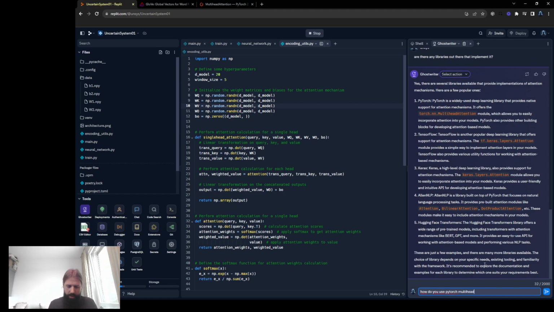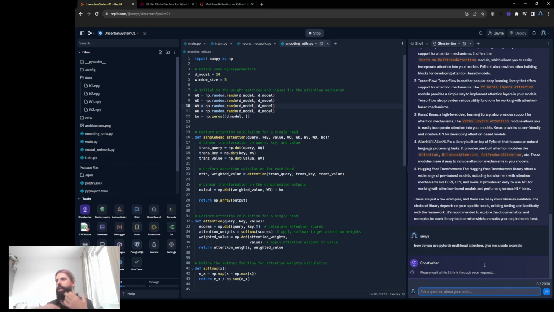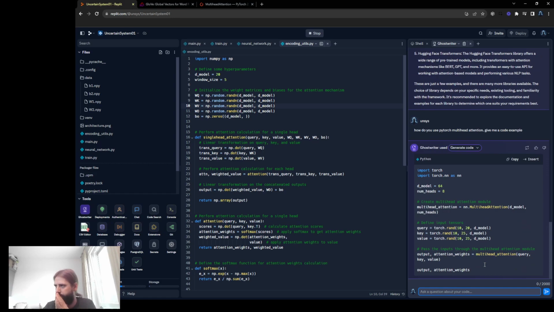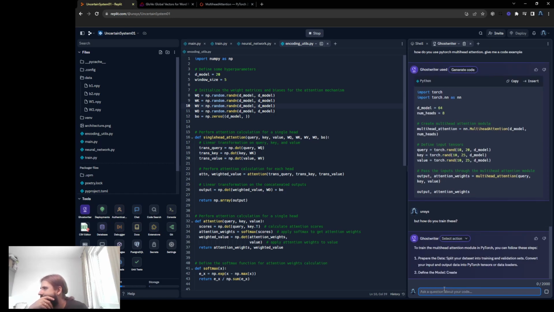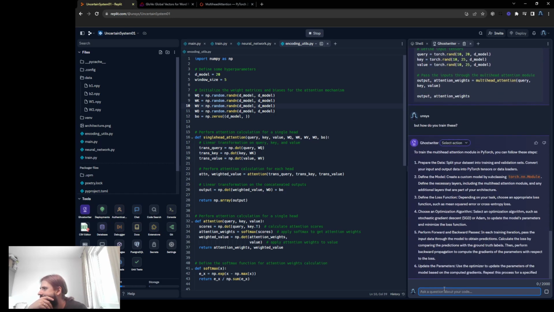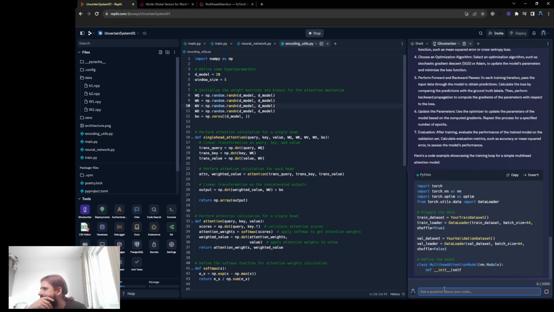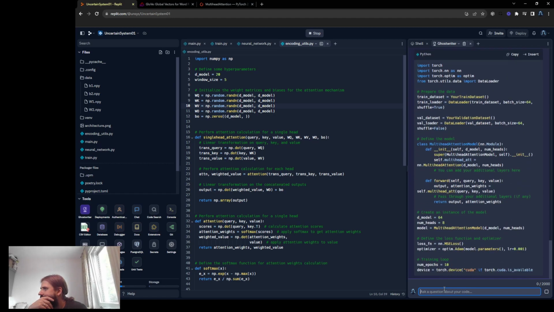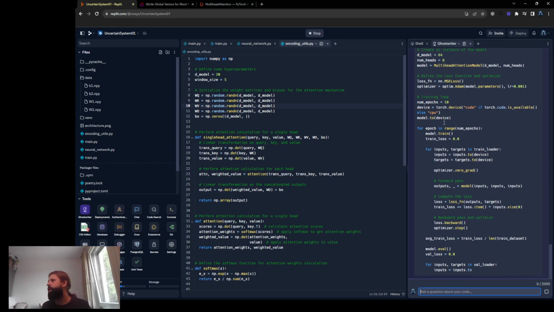PyTorch multi-head attention, give me a code example, because I think I understand it, define input tensors, but how do you train it? You know what I mean? Do you need to train?